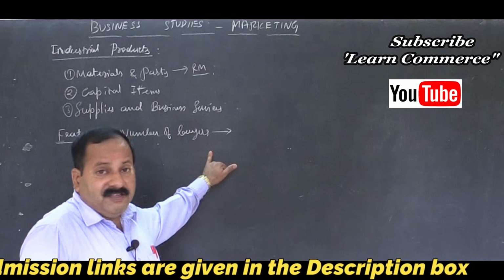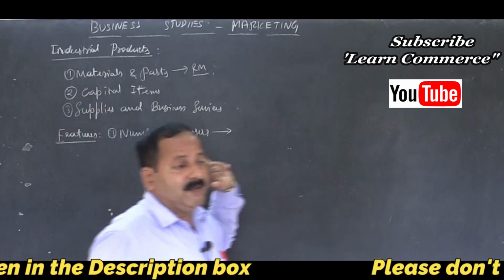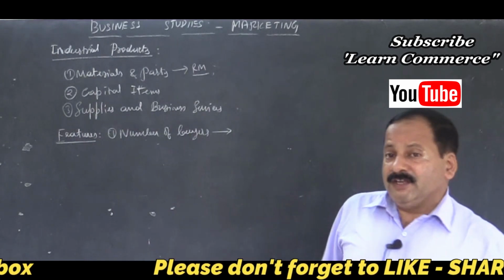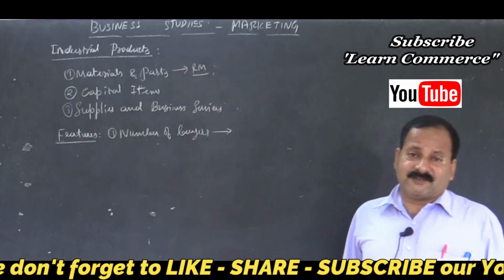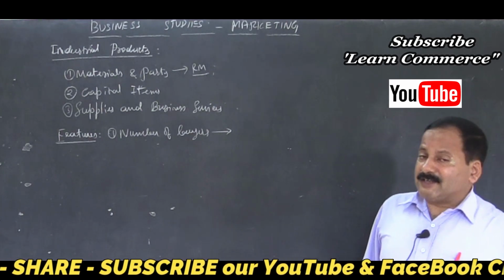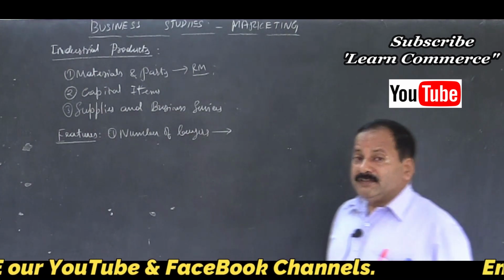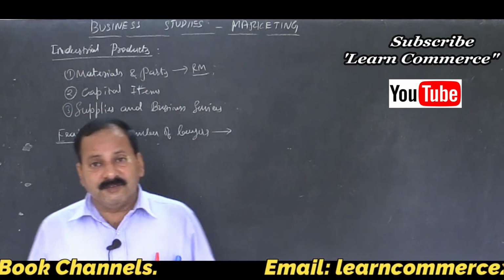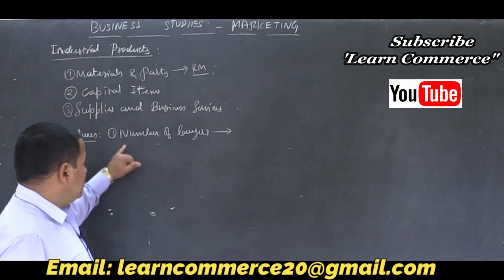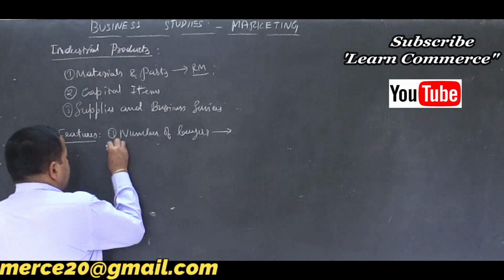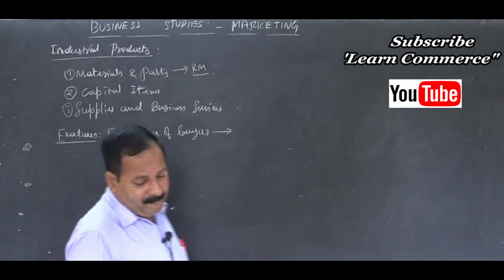So number of buyers in case of industrial products is very less because industrial users are less compared to the number of consumers for consumer goods. So naturally the number of buyers will be limited in case of industrial products.